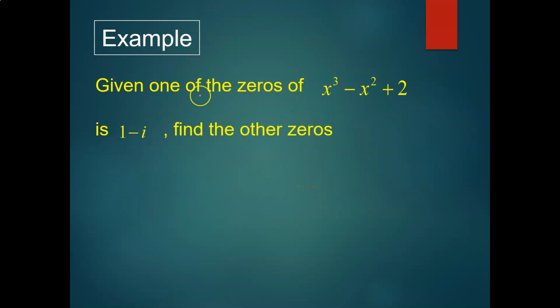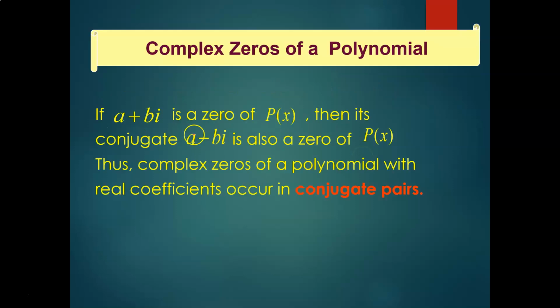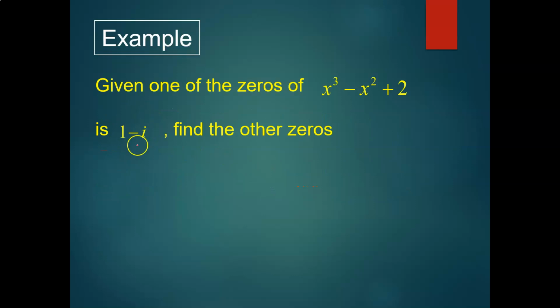Example, given one of the zeros of this polynomial is 1 minus I. Find the other zeros. Dia dah beritahu, this is one of the zero. So you need to find the other zero. So konsep untuk complex number, dia kata tadi, kalau ini sudah dia punya zero, maksudnya dia punya conjugate dia pun akan jadi zero dia juga.